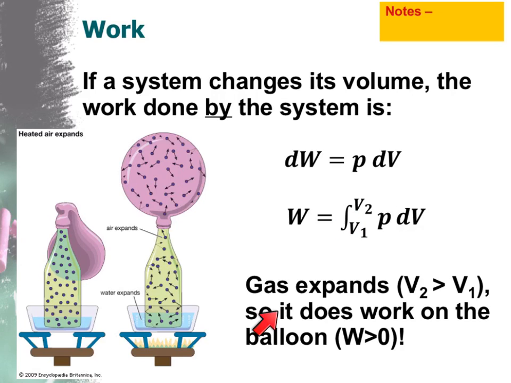So if a gas expands a volume so that V2 is greater than V1, it has to do work on its environment. Okay? So if you wonder, gee, is this gas doing work or is this gas having work done on it? Well, if it expands, it's doing the work.